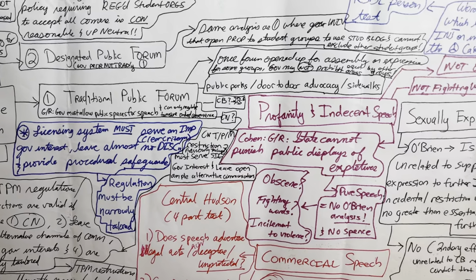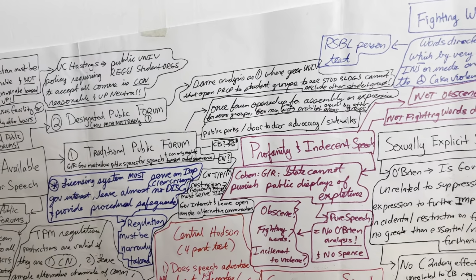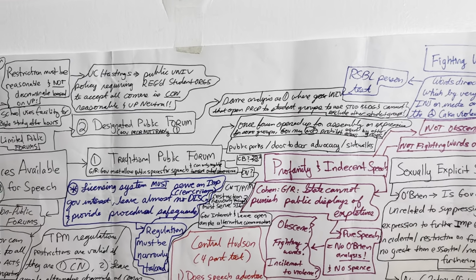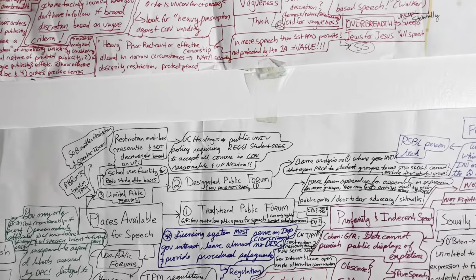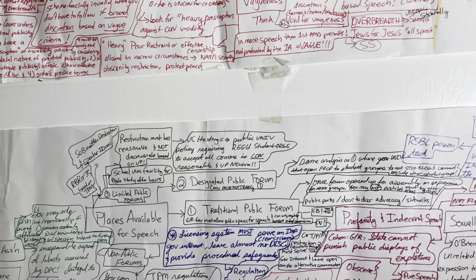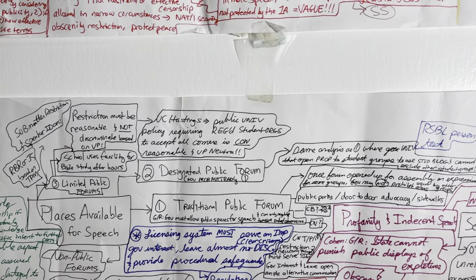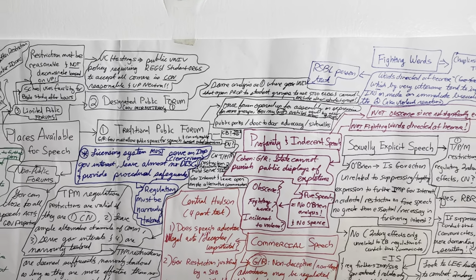And if you have a pure speech issue, then no O'Brien analysis is needed and no Spence within pure speech. But then we can look to our analysis on obscenity, where we apply that reasonable person in applying community standards under the Miller test, and whether or not the work describes in a patently offensive way some sort of sexual conduct defined by state law.